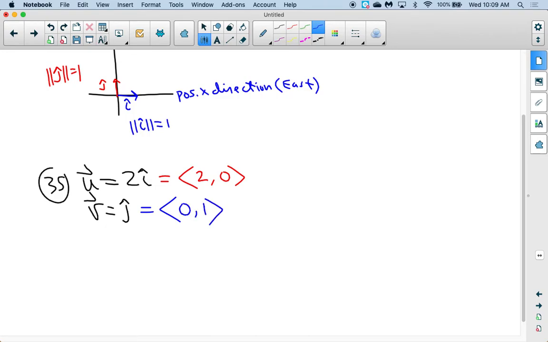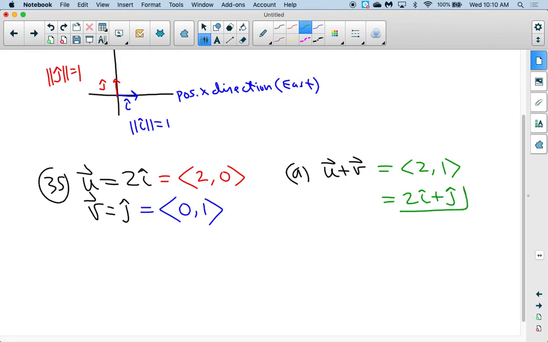So, A, u plus v. What would that be? That would be equal to 2, 1, or 2i plus j.